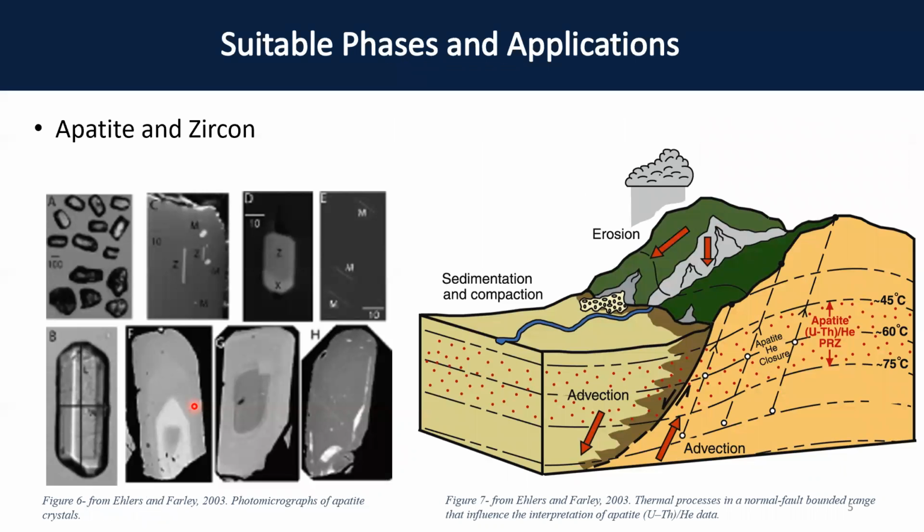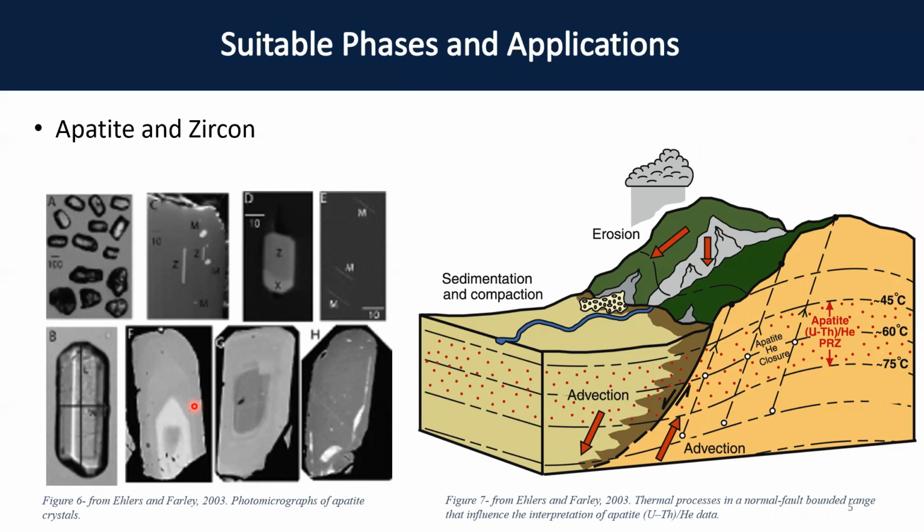When we look at the suitable phases and their applications, we think about apatite and zircons. These are two common accessory minerals that will contain tens to hundreds of parts per million of uranium and thorium, and they can hold on to the helium, the daughter product, for geologically meaningful lengths of time, as long as the temperature doesn't get too high.